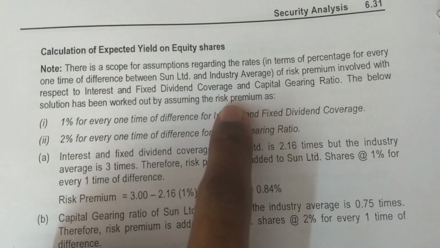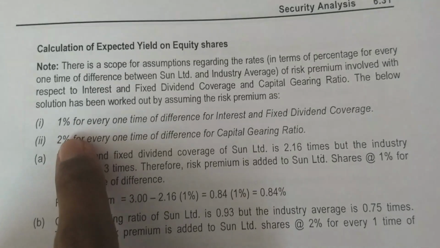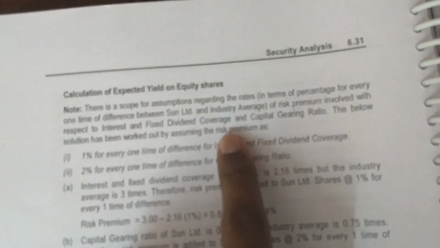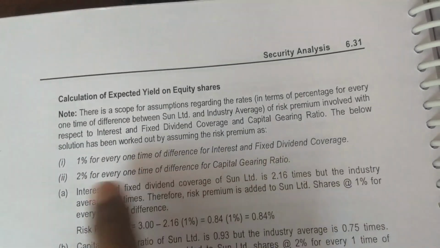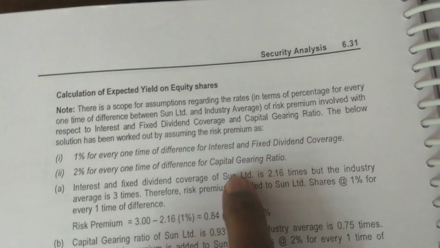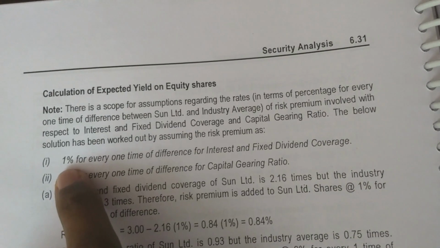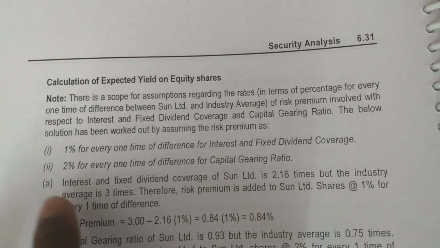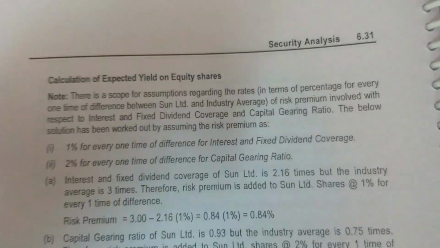So you have to include this 1% on the found difference for the risk premium for fixed interest fixed dividend coverage, and 2% for the capital gearing ratio. Eventually you multiply 1% on your found difference ratio, and 2% on the capital gearing found ratio.